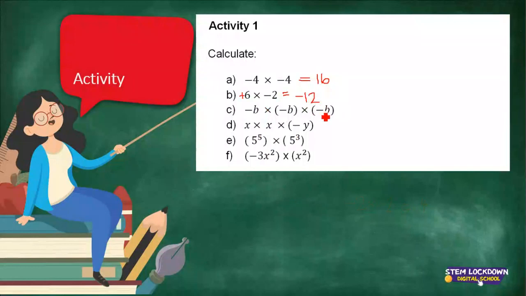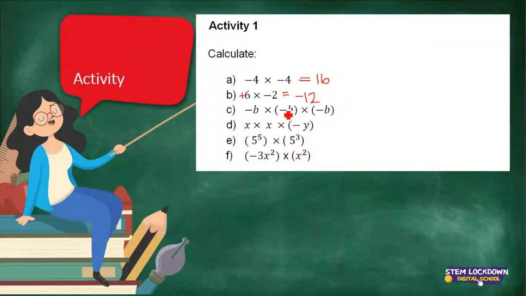Okay, now let's look at number C. Number C is quite interesting because there are three negatives, right? So the first one is negative b times negative b times negative b. Now you break this up. What is negative times a negative?